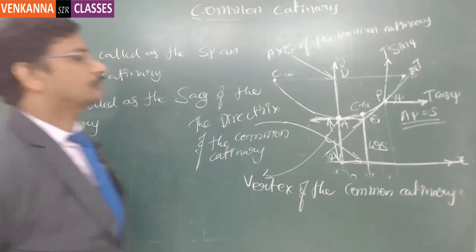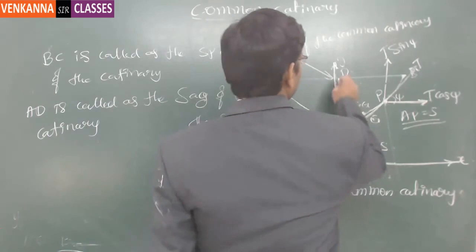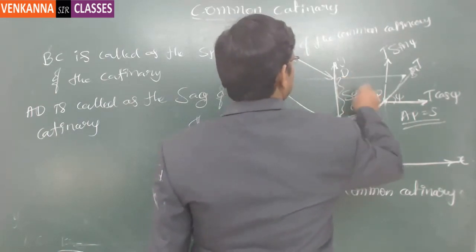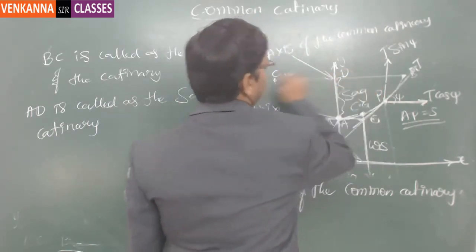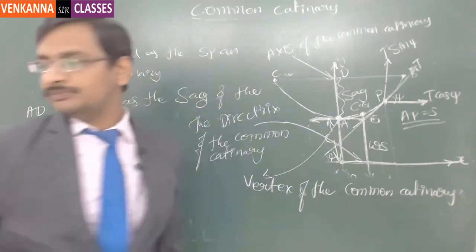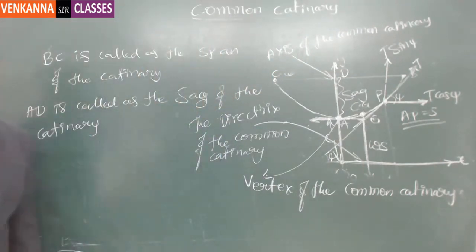Got it? This is the sag, and this is the span. BC is the span. So c is called the parameter of the catenary.